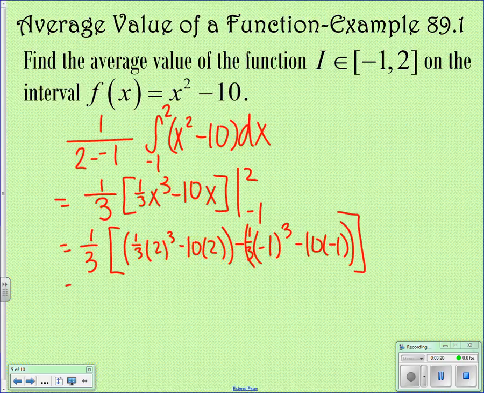And so now we simplify it. We have 1/3 times 2 cubed minus 20, and then minus -1 cubed, which is -1, and then plus 10.